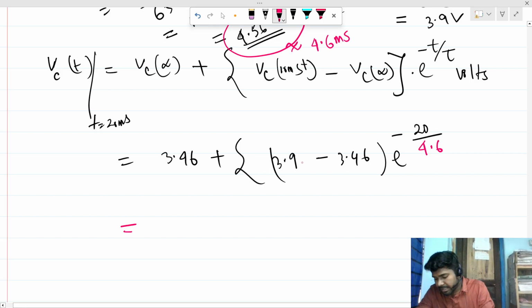So this will be e power minus 20 by 4.6, into 3.9 minus 3.46.